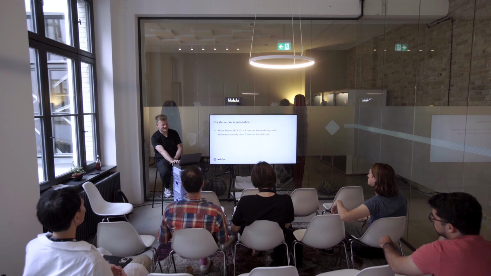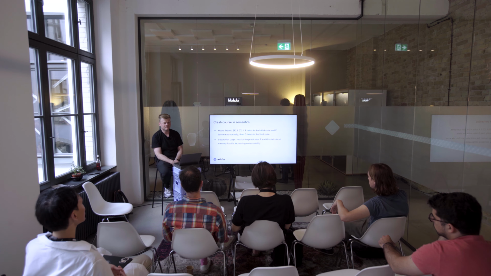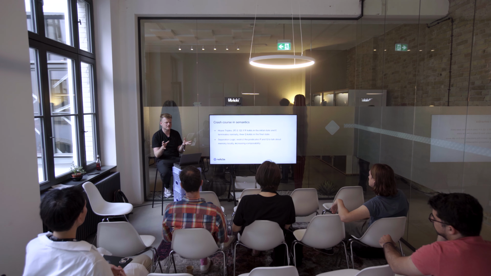And there's one more twist that we need in this entire story, which is that we also need separation logic. Because we are dealing with mutable memory, Hoare triples are usually horrible for that, because in the pre and post conditions, you have to talk about the entirety of memory. And this doesn't compose very well.